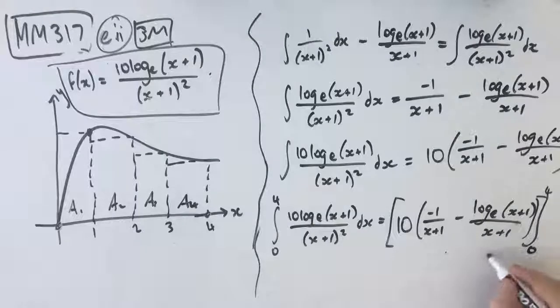That's it. So this is going to be our second mark right here. And now all we have to do is sub in our values of 4 and our values of 0 as well.